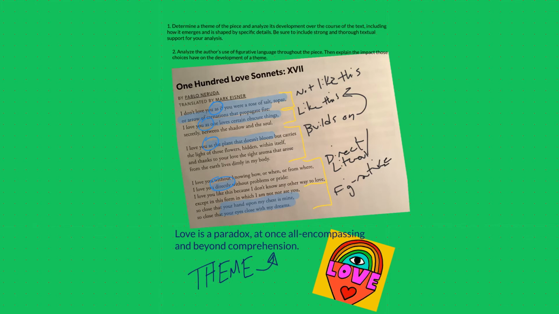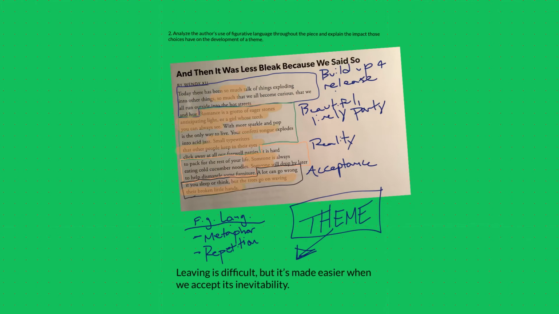he uses figurative language. In this next poem, again, take a minute and you can pause this and read what the poem is about. This is a much different poem than the last one.